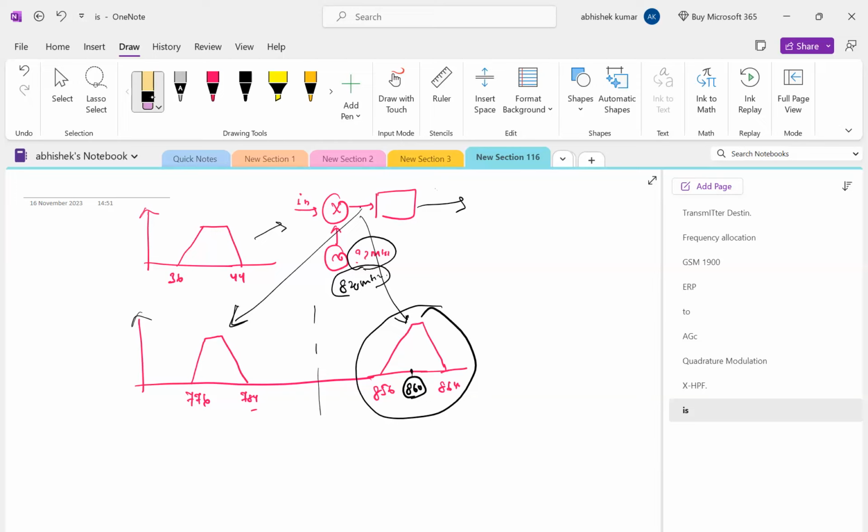No, low pass will not work. It will be the high pass filter, because we want the high frequency component, right? The high frequency component will be given by a high pass filter only. Okay, are you getting my point?